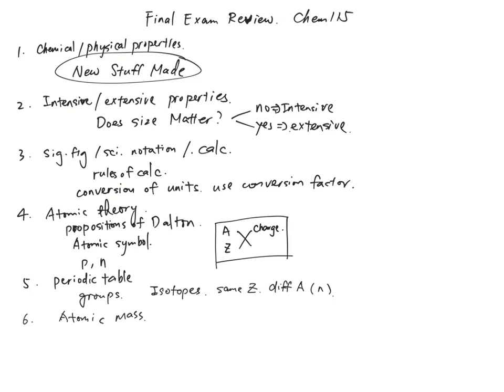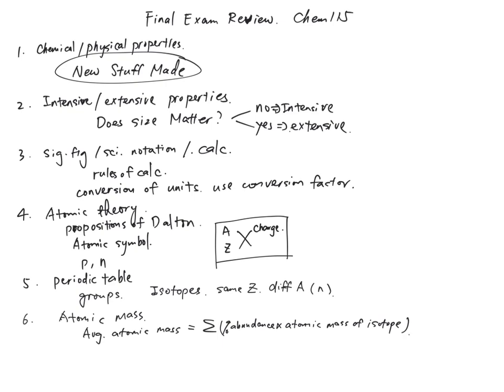The atomic mass values shown in your periodic table, which you're going to have a copy of for the final exam, are average atomic masses, which are calculated by taking the percent abundance of all the different naturally occurring isotopes, multiplied by the individual isotopes' masses, and then putting them all together.